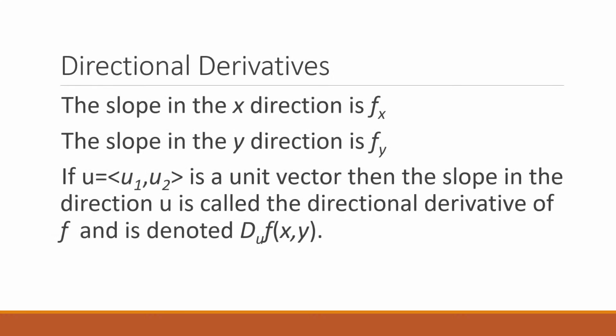And so let's get this up here and find, where is it? It's coming. I've got a bunch of blank slides for some reason. Here we are, finally. Okay, so the slope in the x direction is f sub x. The slope in the y direction is f sub y. But I don't want to go in the x direction or the y direction.